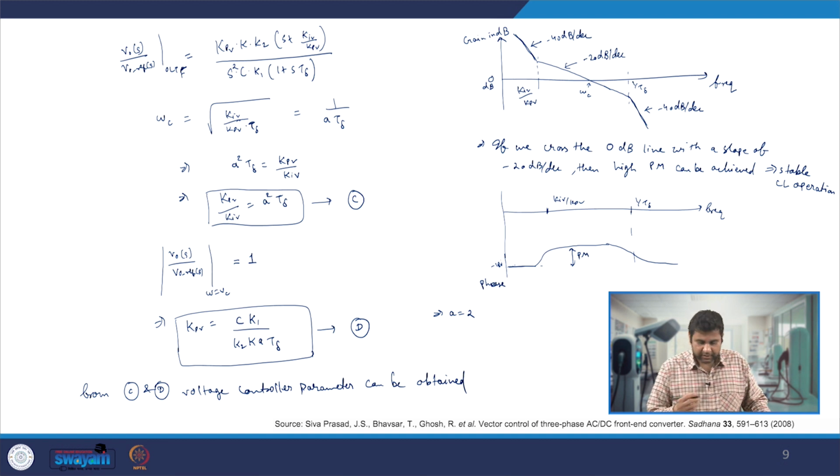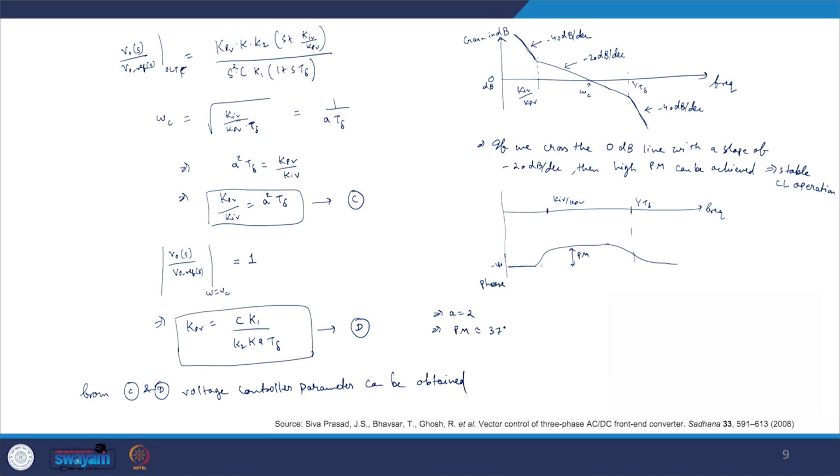You will see that your phase margin will be nearly 37 degree, or precisely 36.86 degrees. So this phase margin is sufficiently enough. That means my phase at omega c is 37 degree away from minus 180, because the moment it touches minus 180 we will have instability in the system. So if we keep our A equal to 2, our phase margin is 37 degree.